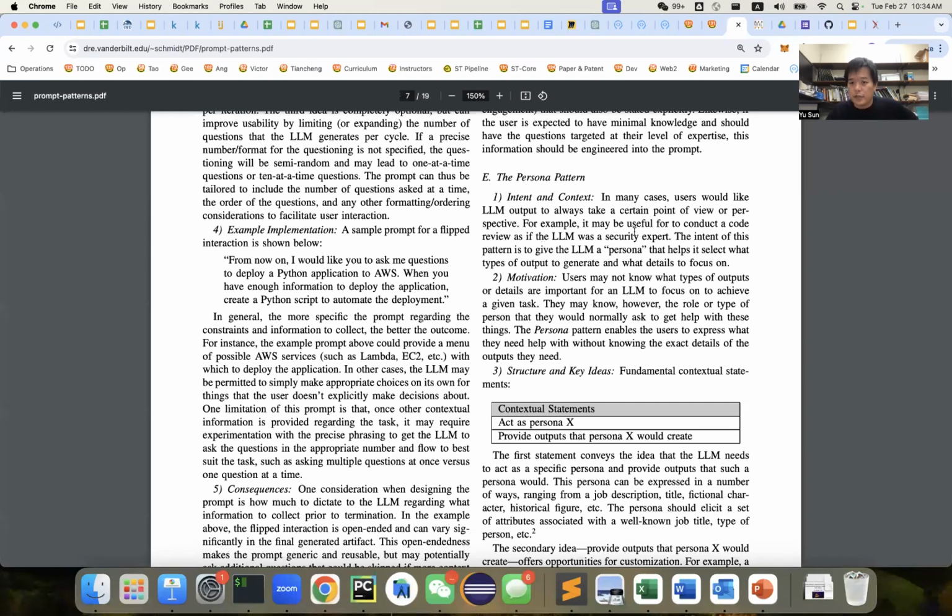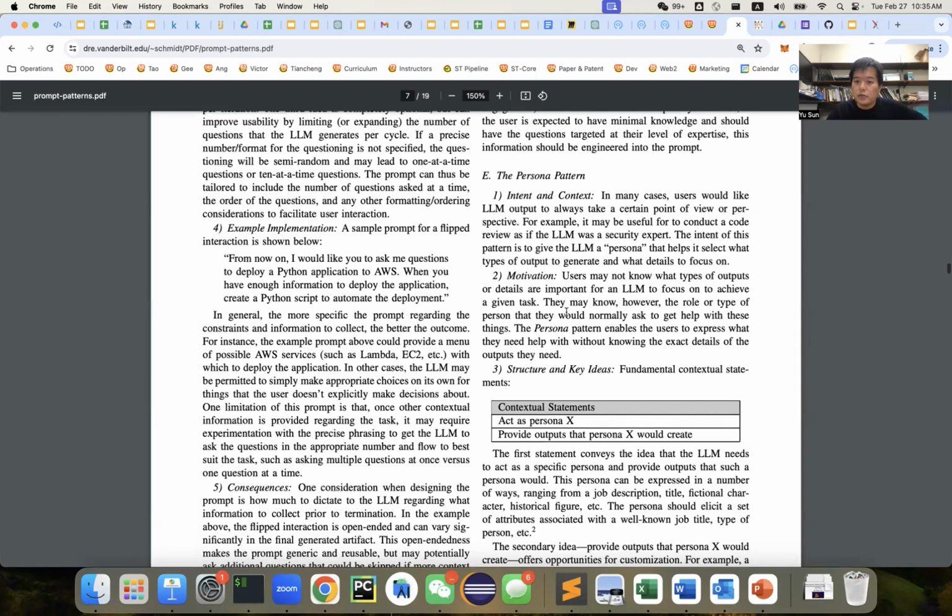For example, it may be useful to conduct a code review if the large language model was a security expert. They may tell you things from the perspective of a security expert instead of a regular audience. That way it guides how the large language model generates the output, and sometimes they can provide something more professional.